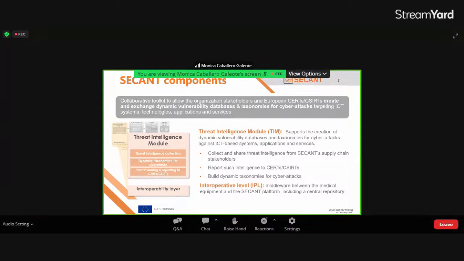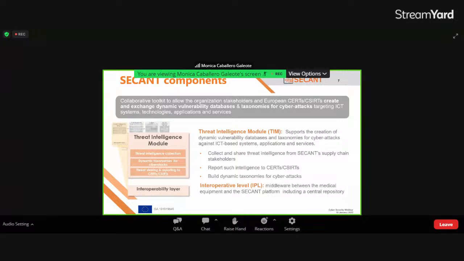The first one is the threat intelligence model, which supports the creation of these databases of vulnerabilities and taxonomies, and has three submodels. One for collecting the threat intelligence from the supply chain stakeholders. A second one that reports this intelligence to CERTs and CSIRTs. And the third one that is responsible for building the dynamic taxonomies for the cyber attacks.